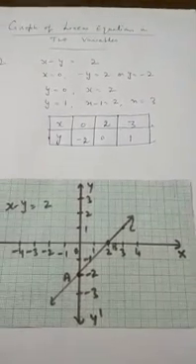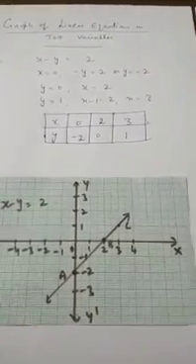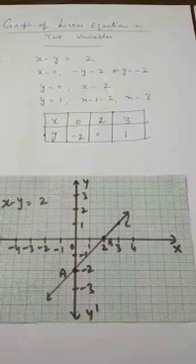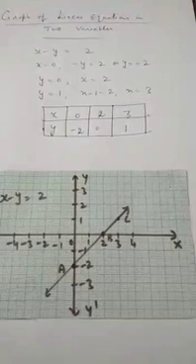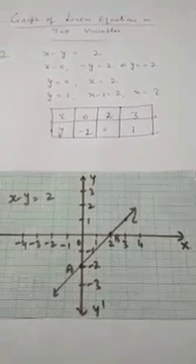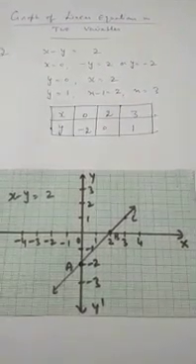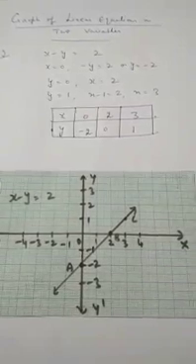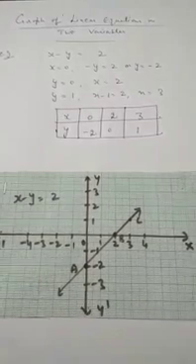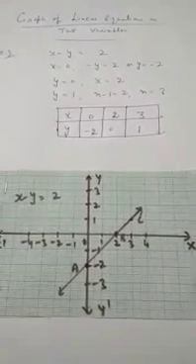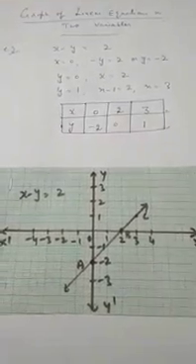Here x is 0 and y is minus 2, shown by point A. x is 2 and y is 0 is shown by point B. x is 3 and y is 1 is shown by point C. And when we join A, B and C, we will always get a straight line. If your graph is not a straight line, it means it is wrong somewhere. The graph of a linear equation in two variables is always a straight line. So if you are taking the correct values with the correct sign, the graph will definitely be correct.